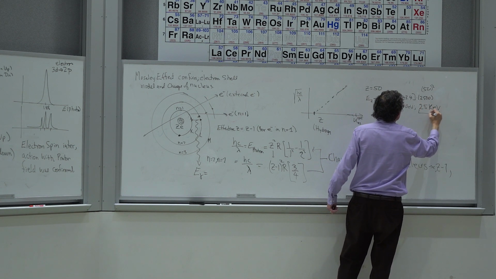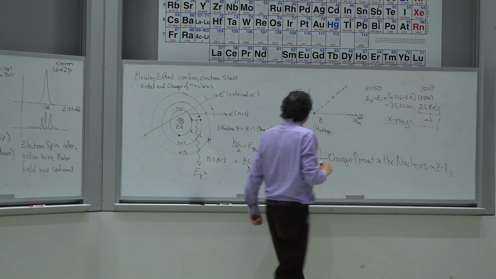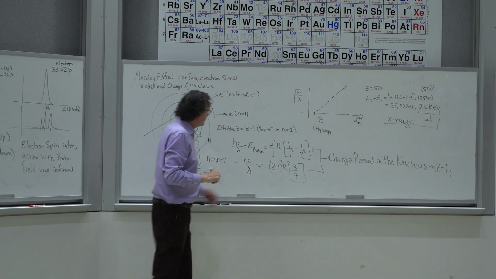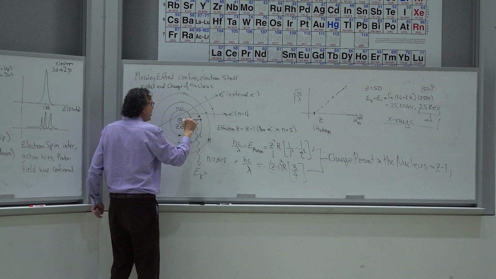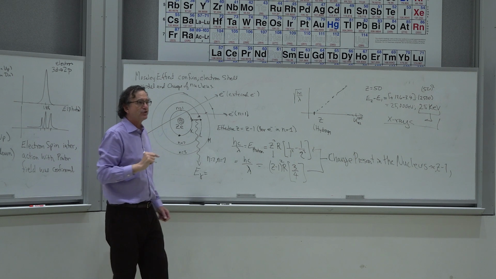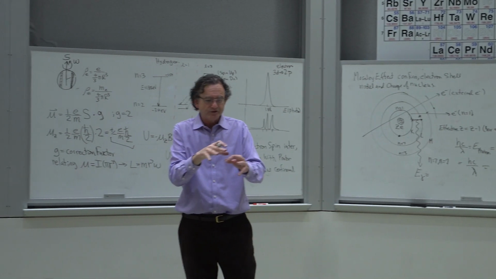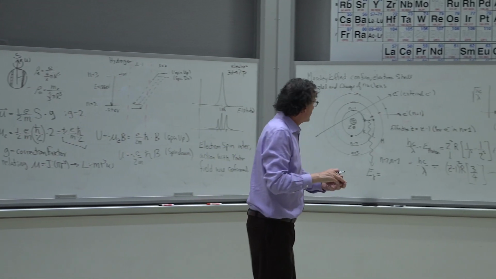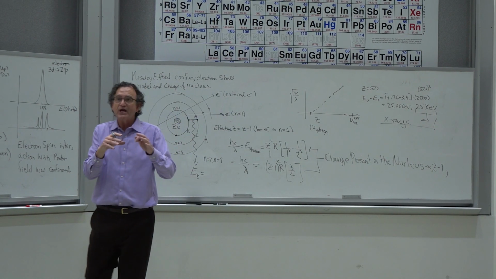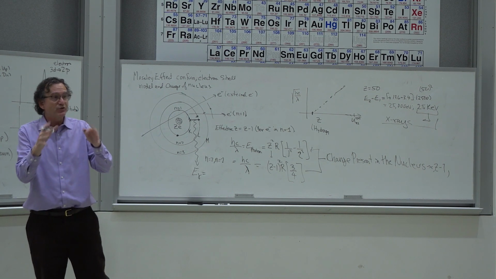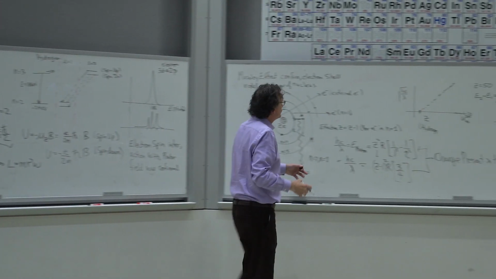These energies are called X-rays. And by observing X-rays at these energies, we can confirm that the nuclear charge is in fact given by this, because the transitions from n equals 2 to n equals 1 are consistent with a nuclear charge proportional to Z squared. So it was able to show that the picture of the nucleus as a concentrated charge is accurate, because that's exactly what you would expect from the energy levels of the Schrödinger equation modified for the larger charge of a large nucleus.